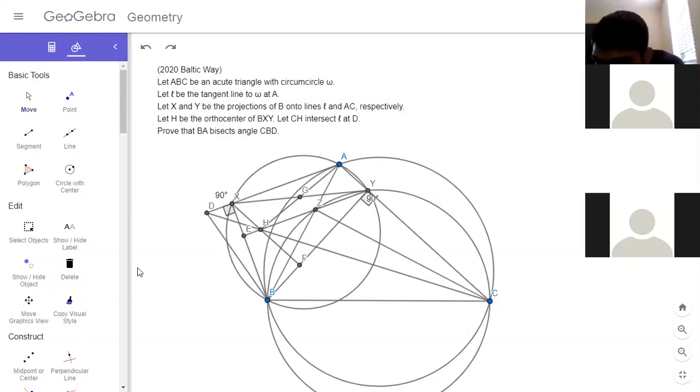I think I can show triangle BXY is similar to triangle ABC.